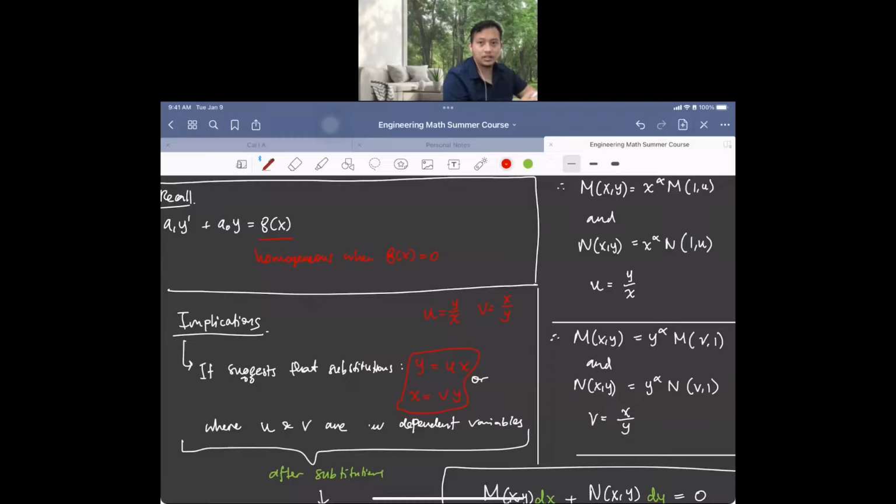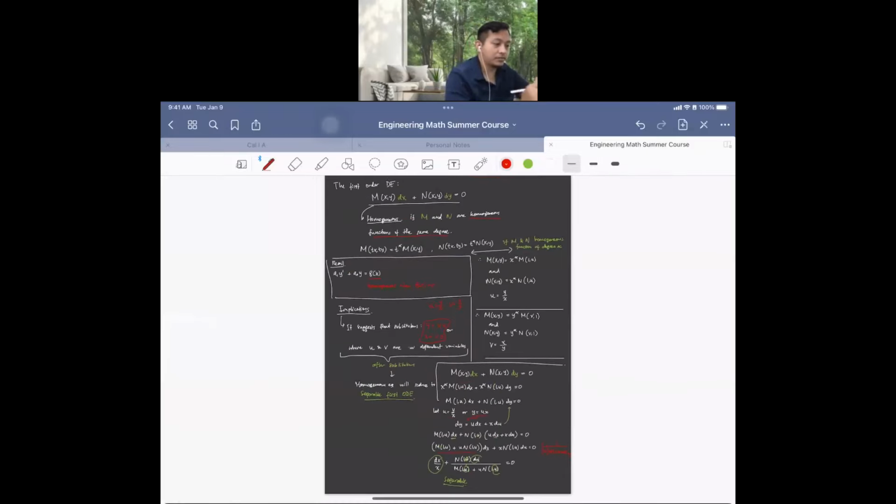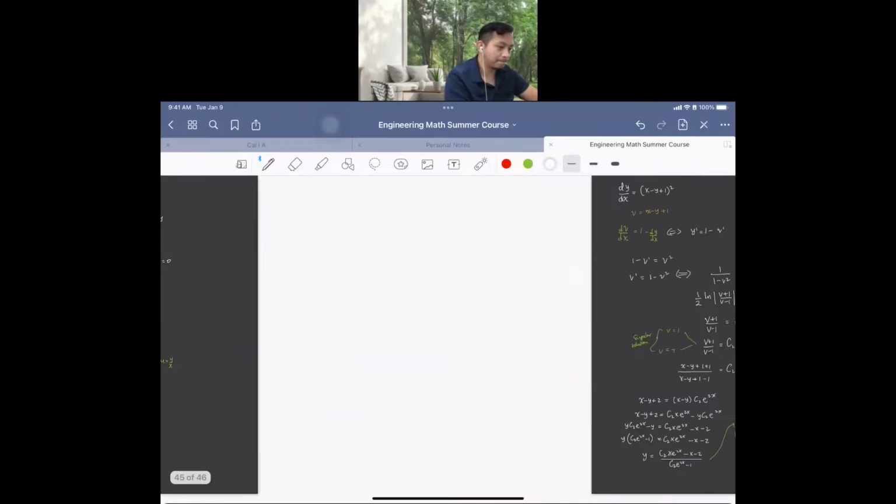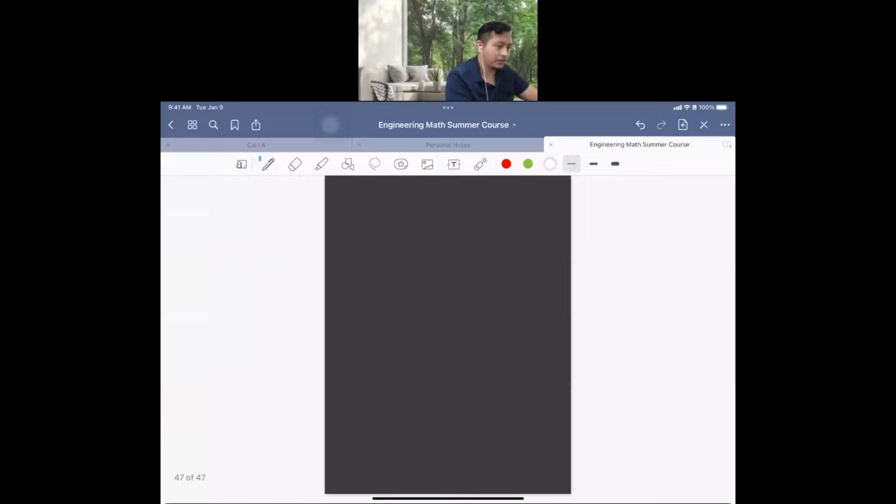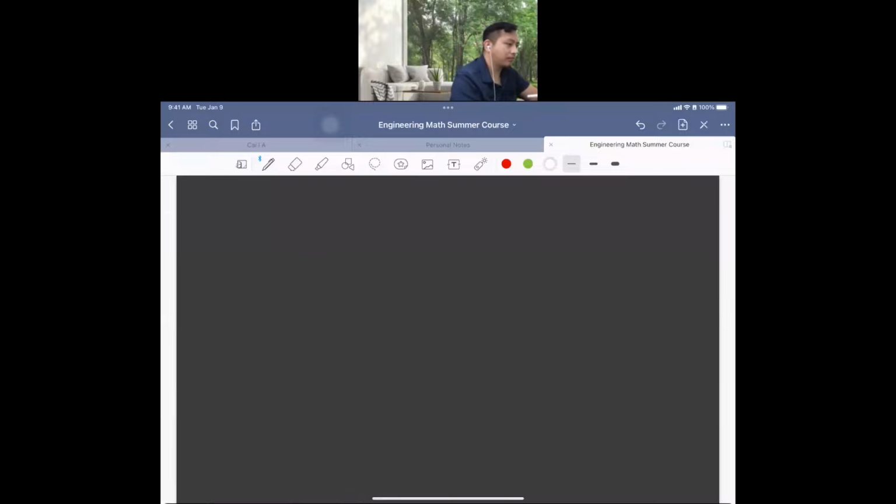And there are some patterns that might work. Let me give you the practical way to substitute. Let me give you several elements and what kind of substitution you need to make. Here is a summary for substitutions that you might have. If you have y prime, using y squared, you can substitute u equal y squared, or maybe phi.